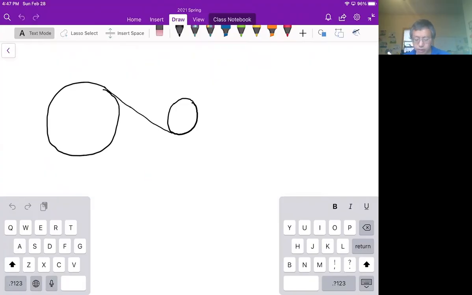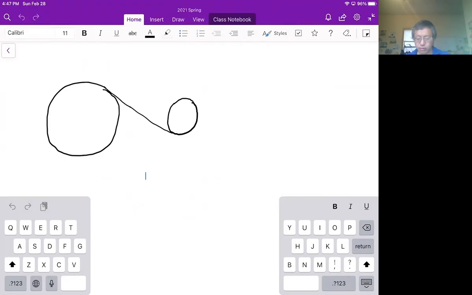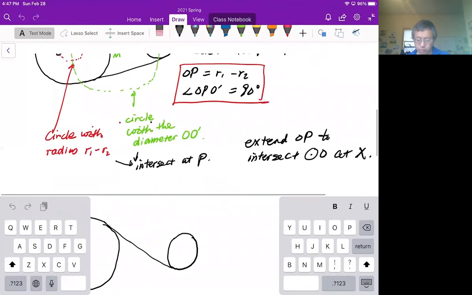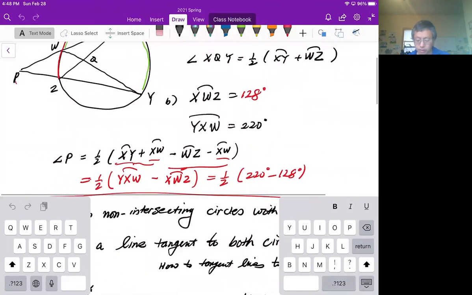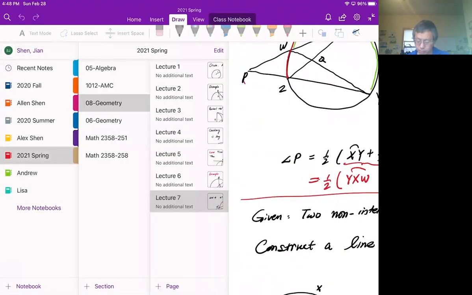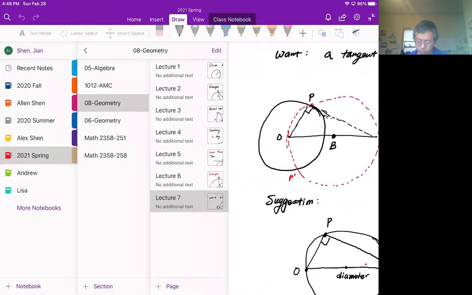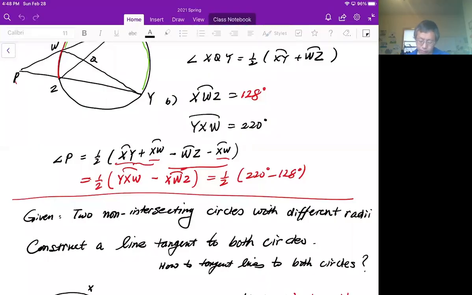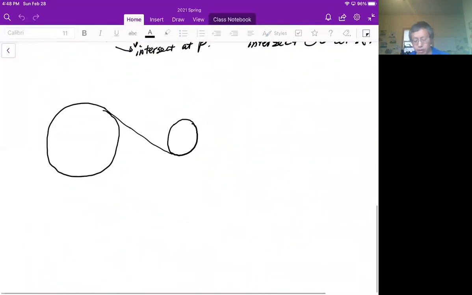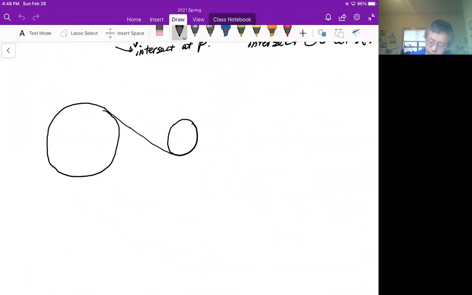Okay, good. All right, so here is what we are going to do. Let's see, we get that, and we get this one here. And again, this is a right angle, and this is a right angle.